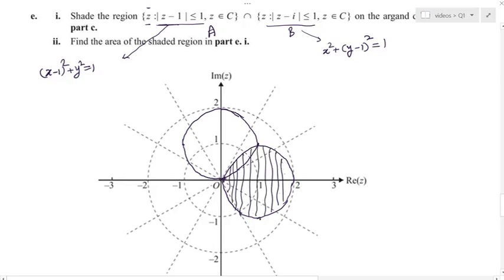Just note down that the boundary of the circle is also included here, because this sign says less than or equal to. So the equal to condition is also included in our set. So you need to have a solid circle here.